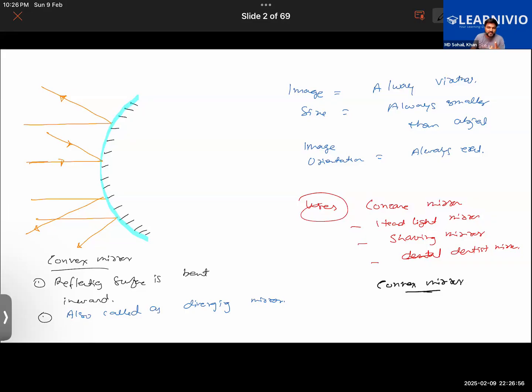It is used as a rear view mirror in vehicles. Yes, Abubakar, Priyanka. Then it is also used as security mirrors. Basically, wherever we need a small image and a wide view of the given area, there we use this.